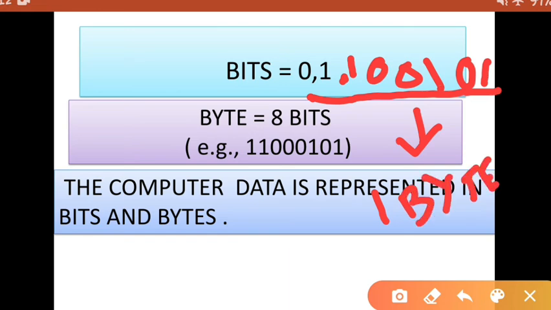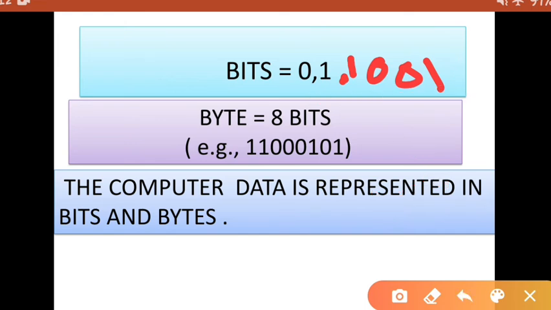Right? Next, computer data is represented in bits and bytes. Whatever the computer memory we represent is in bits and bytes.